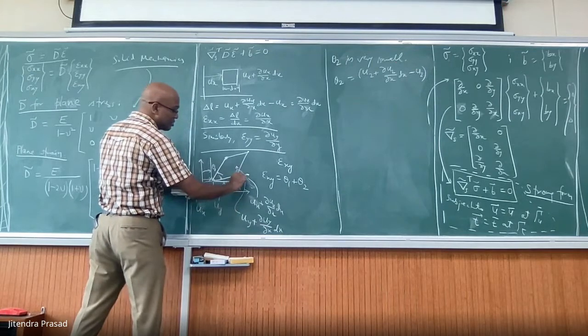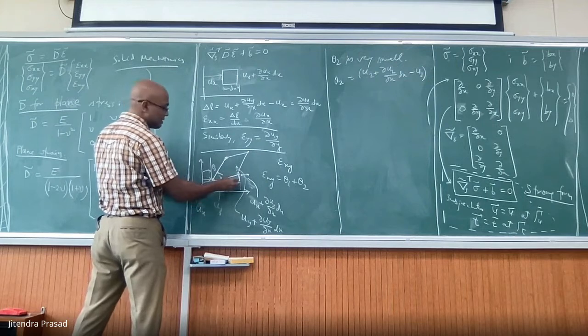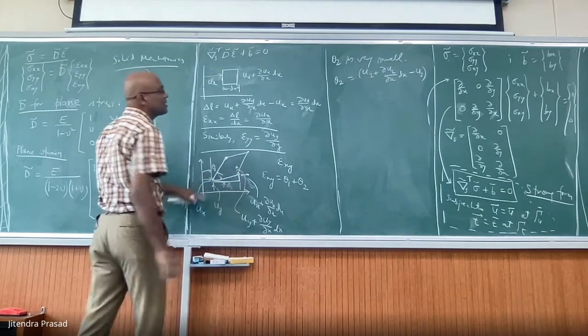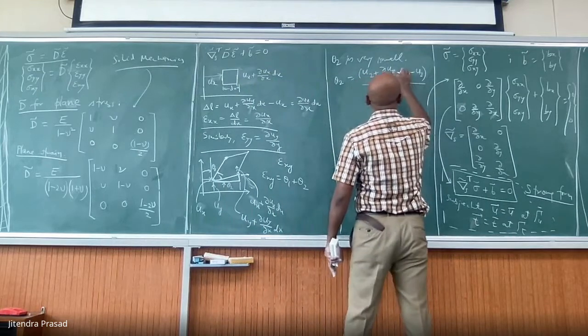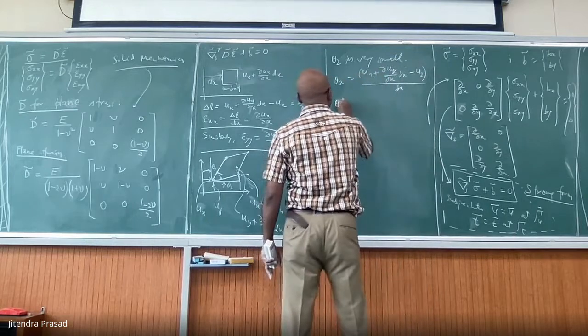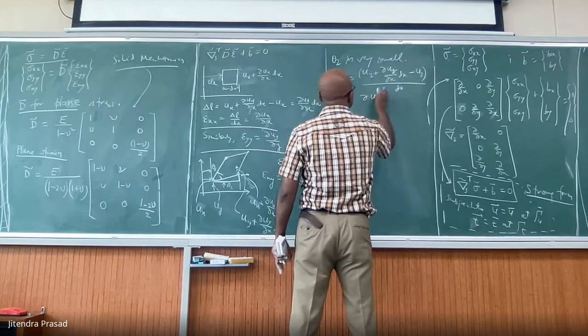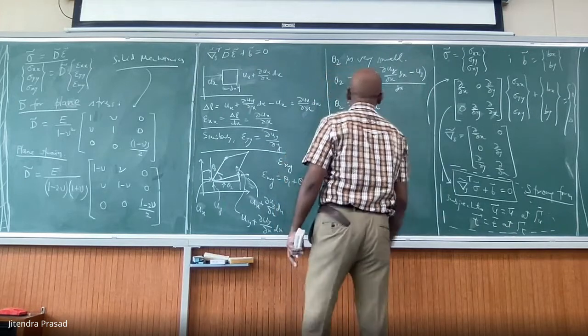So we want to find out this height, divided by dx. So theta 2 is nothing but del uy over del x.